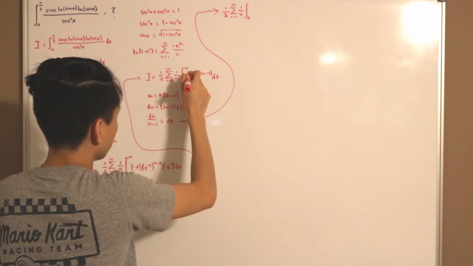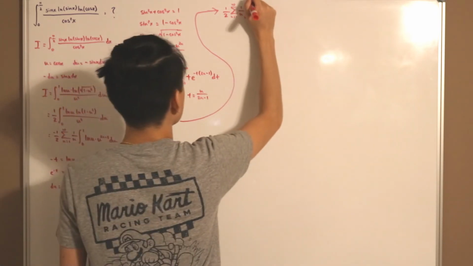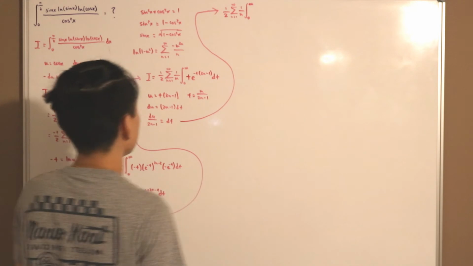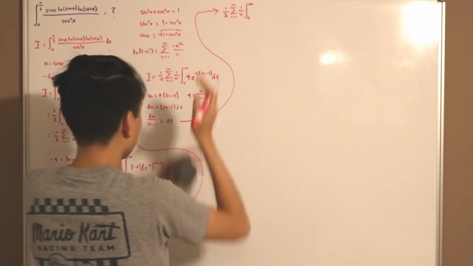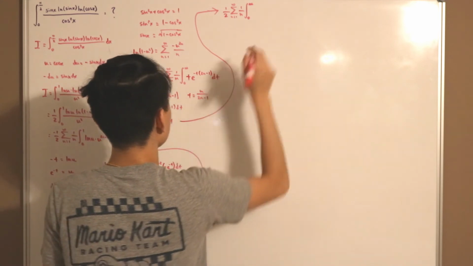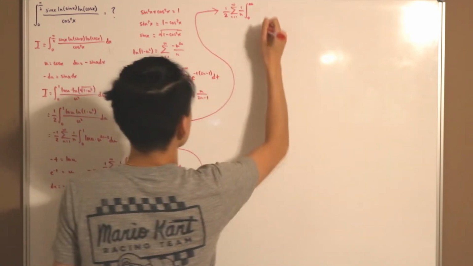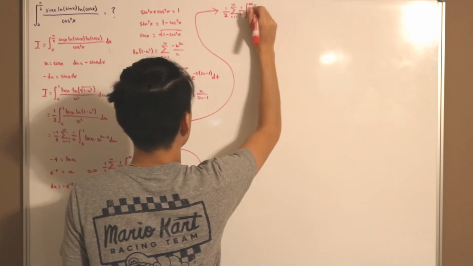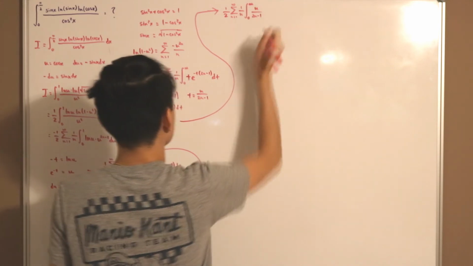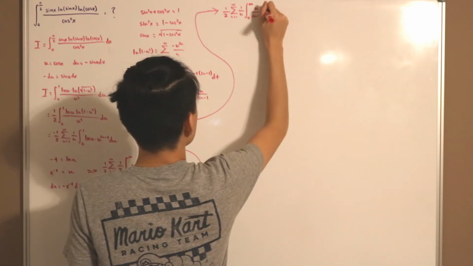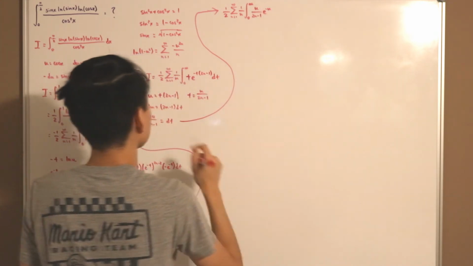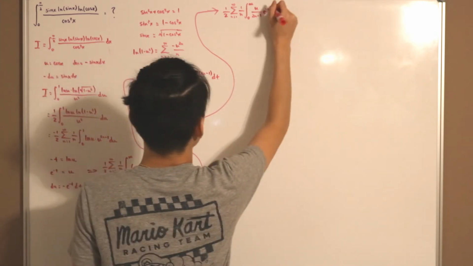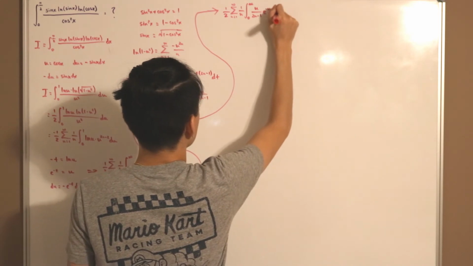When t is equal to infinity, this is also infinity, so nothing's changed. Now we have our pieces, we can replace everything in terms of u. So t, which is u divided by 2n minus 1, times e raised to the negative u, and then multiply dt, which is du divided by 2n minus 1.